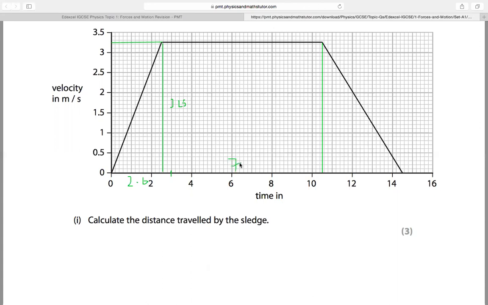7.9, and my height is same as before, 3.25. So what is my area for the second shape? How do I calculate? It's just base times height. 7.9 times 3.25, you should get 25.675. Since for the first shape you took 3 decimal places, this one also you can take 3 decimal places.